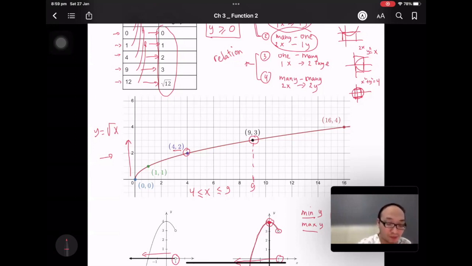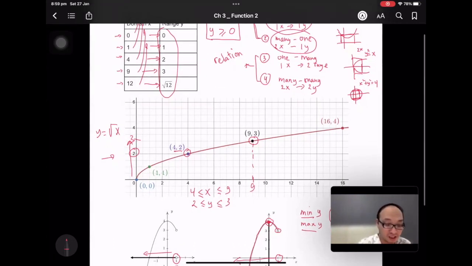So for the given domain, the range will be from 2, the y value, up to 3, inclusive. And because this is a one-to-one function, you can see that the range is taken from the domain at the border.